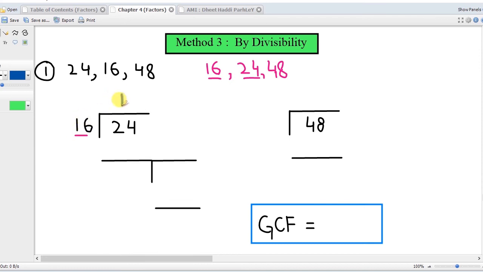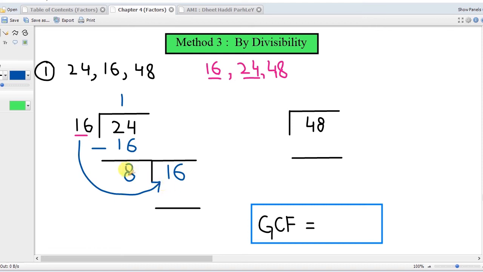So 1 times 16 is 16, take away, and we are getting a remainder of 8, right? Now what should we do? The number 16, which was the divisor in our previous step, will now come inside here. So this number will come here.